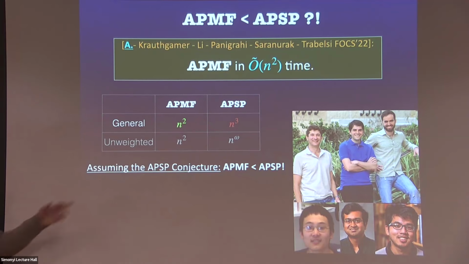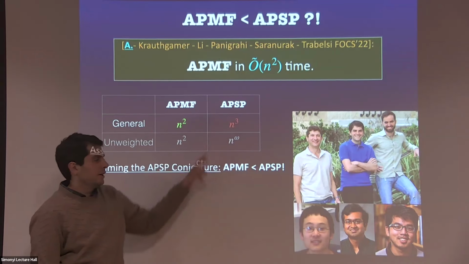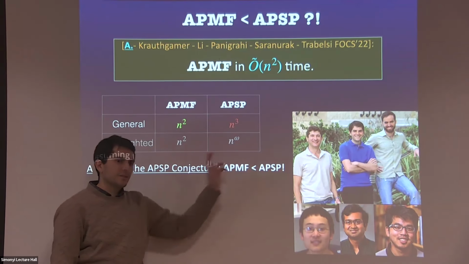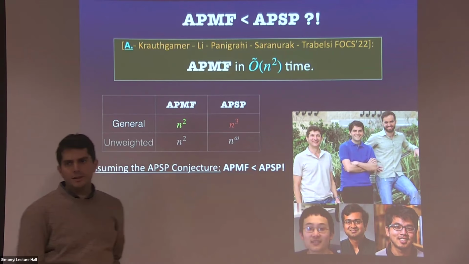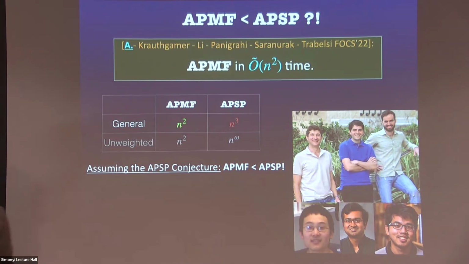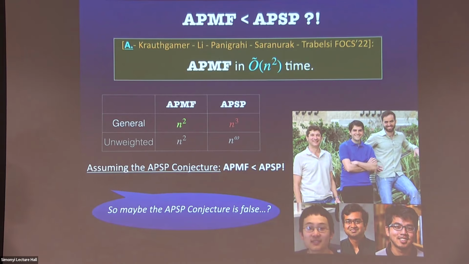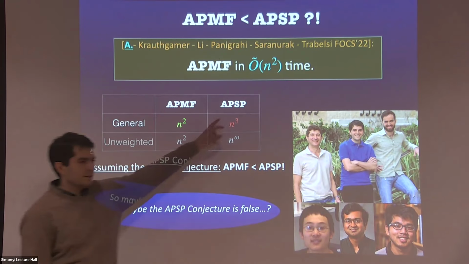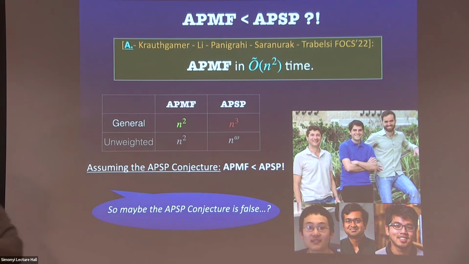So good. So under the APSP conjecture, if this is the right thing, then we got the opposite separation of what we were setting out to prove. That max flow is actually a much easier problem. And so maybe the conclusion is that maybe this conjecture should be broken.